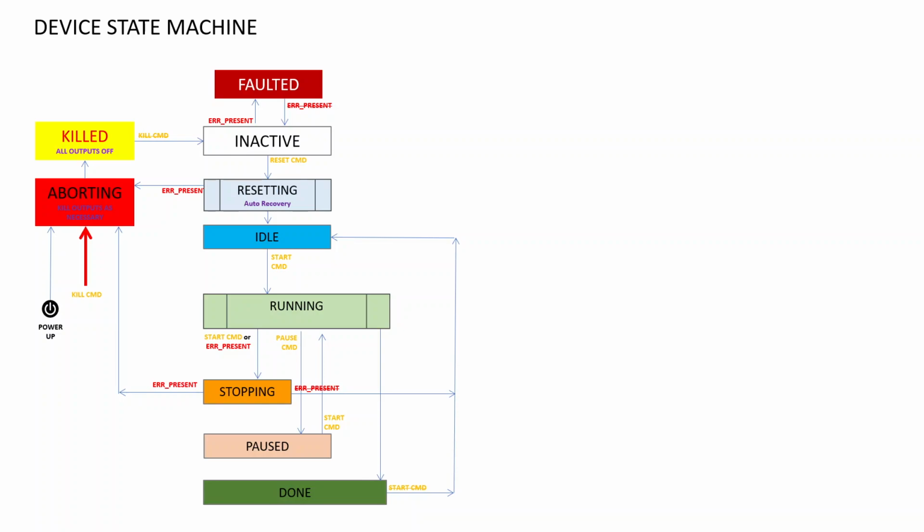So immediately when we first power on the machine, we enter into an aborting state. So in an aborting state, generally, we're trying to kill all processes and disable all motors, drives, actuators, outputs, anything that might be hazardous. Generally, that's what we're doing in aborting. So we're killing ourselves, and then we're also killing our children.